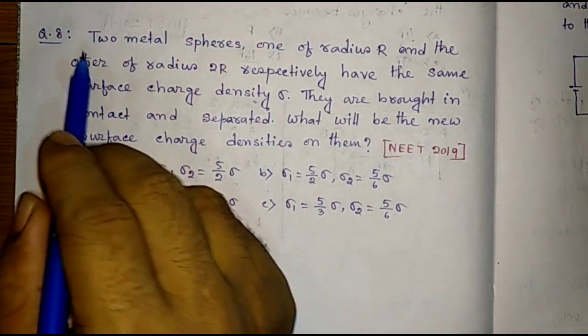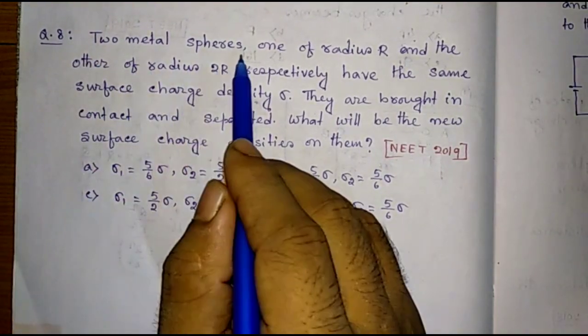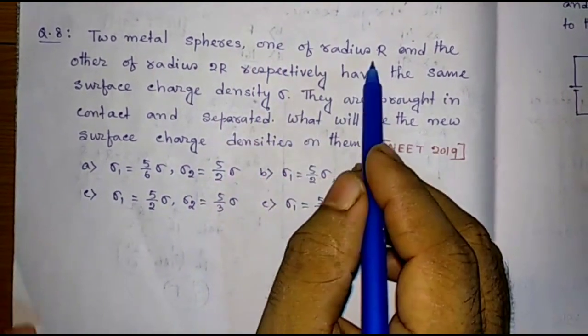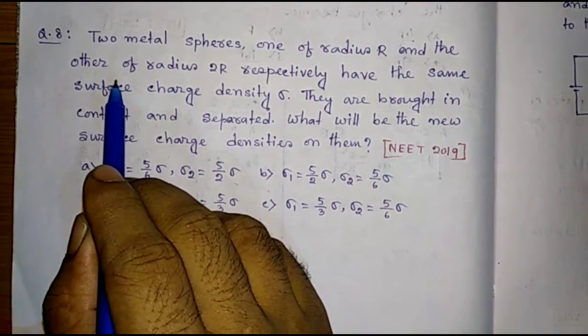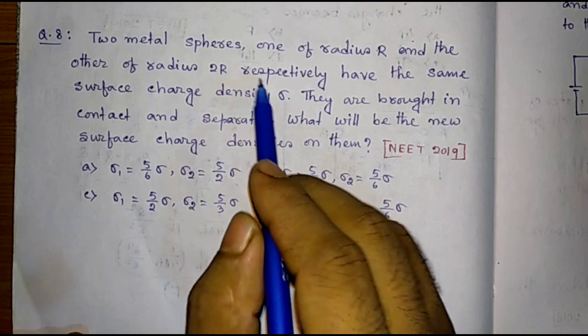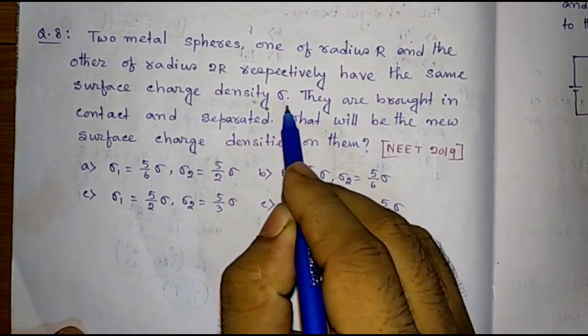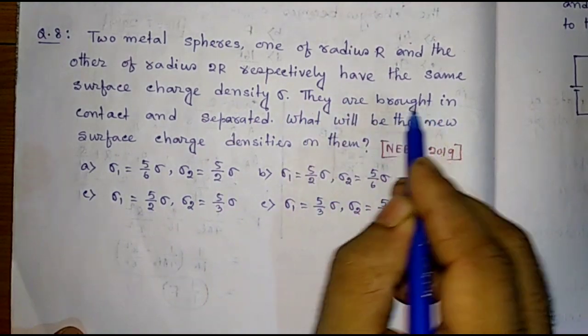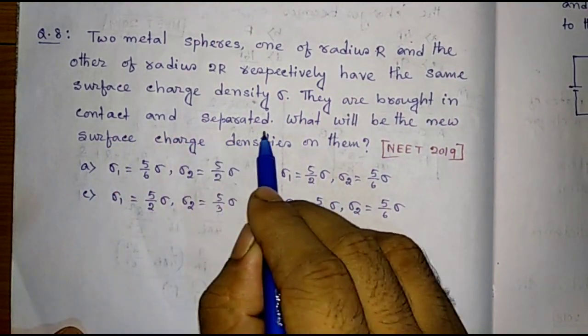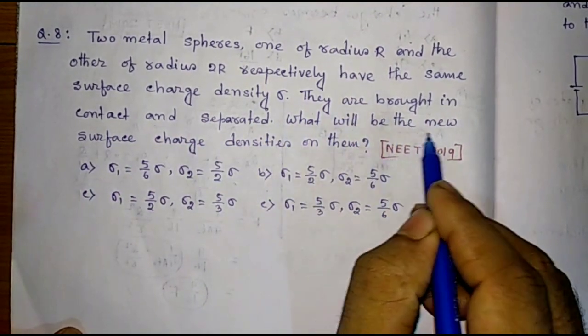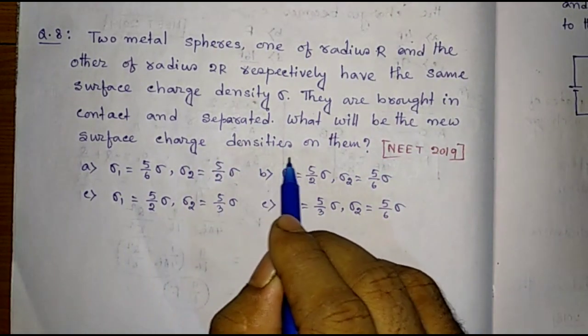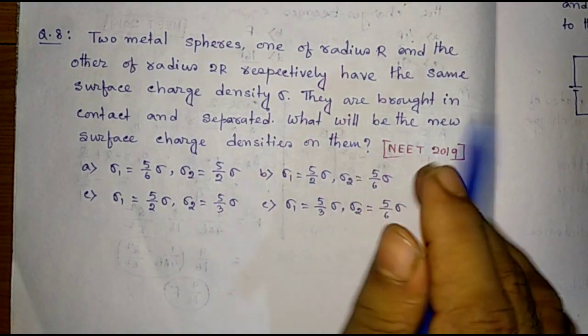Next question is question number 8. Two metal spheres, one of radius r and the other of radius 2r respectively, have the same surface charge density sigma. They are brought in contact and separated. What will be the new surface charge densities on them?